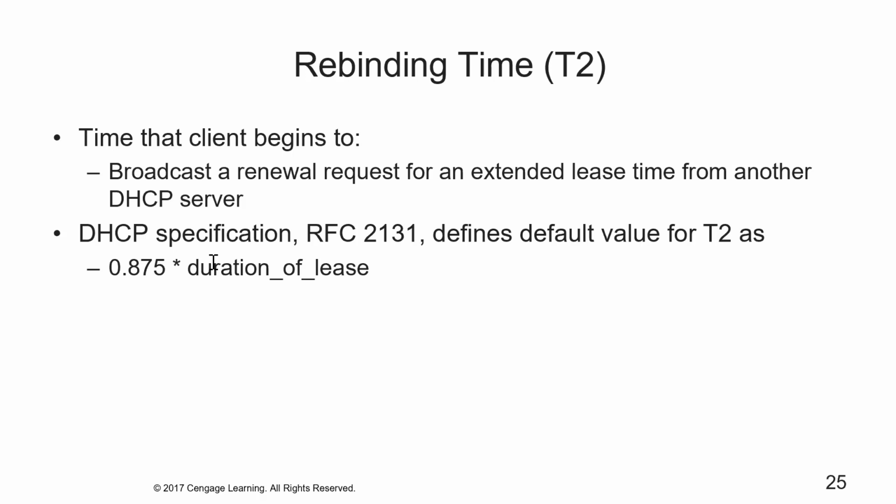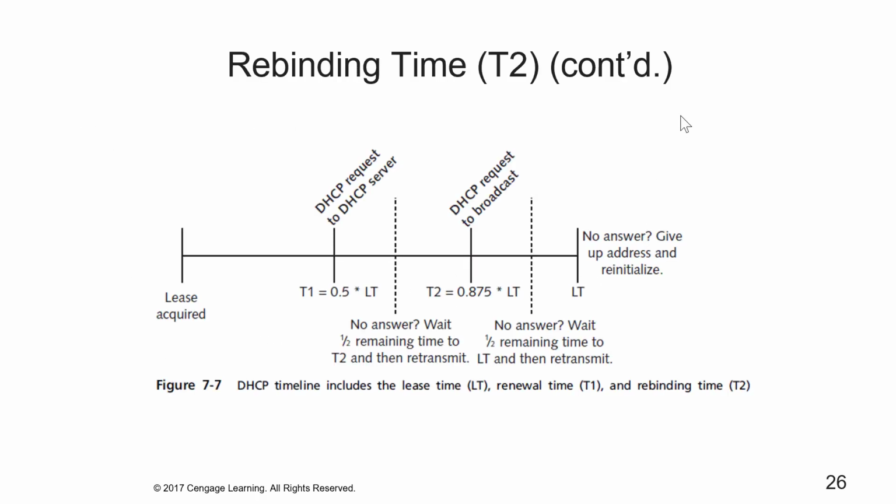DHCP in RFC 2131 defines T2 as 0.875 times the duration of the lease. So here's an example of a DHCP timeline that includes the lease time, LT, the renewal time, T1, and the rebinding time, T2.